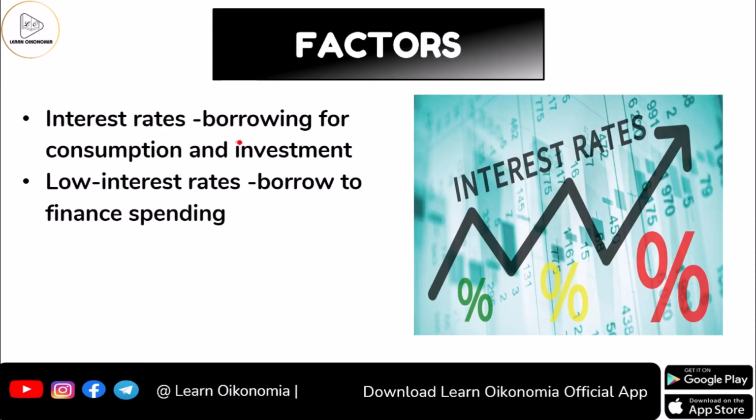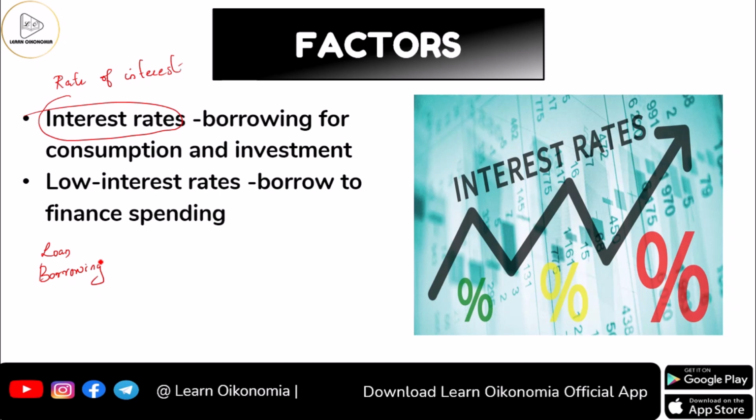Factor number one would be the rate of interest, or simply the interest rate. And how does the rate of interest influence autonomous expenditure or autonomous spending? Whenever we take a loan or go for borrowing, the rate of interest plays a very important part.